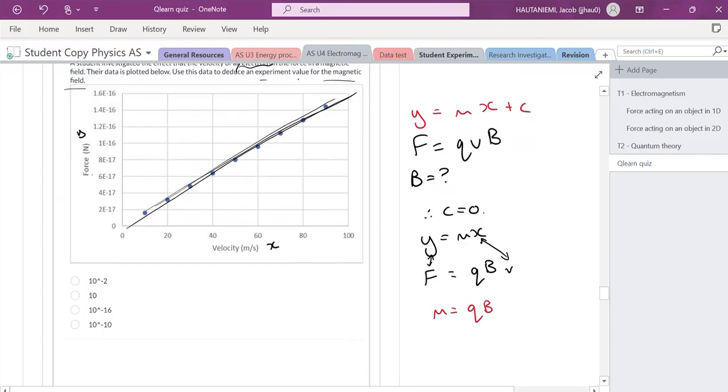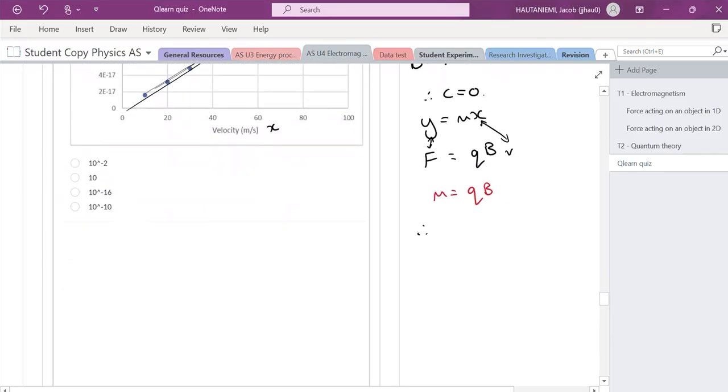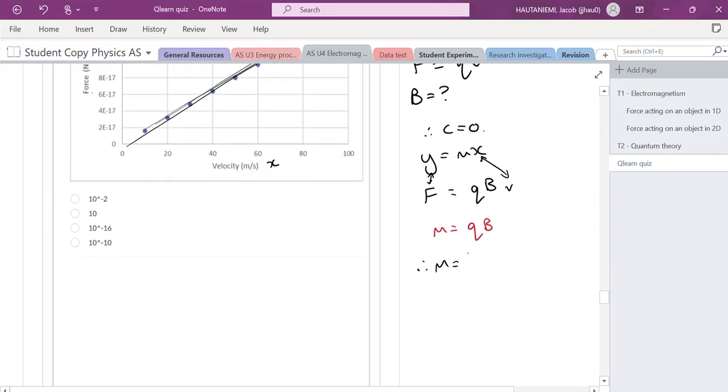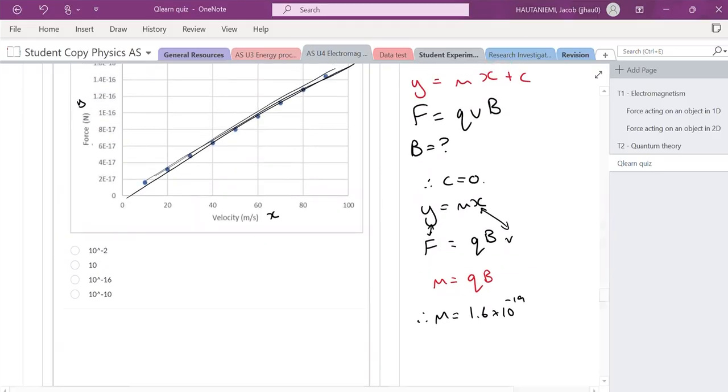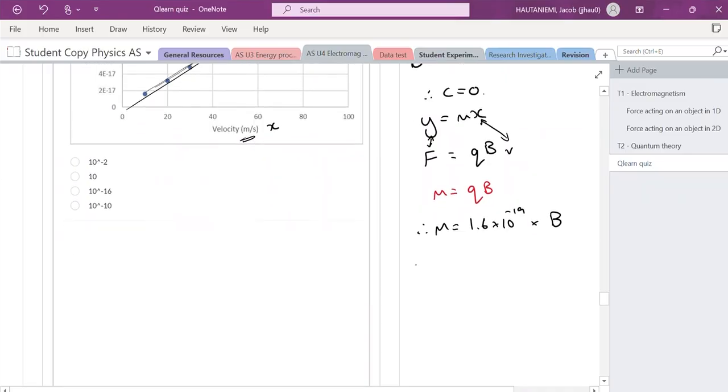We know the charge of an electron. So therefore, m is equal to 1.6 times 10 to the negative 19 times B, since it's not in electron volts or anything like that. So B is equal to m divided by 1.6 times 10 to the negative 19.